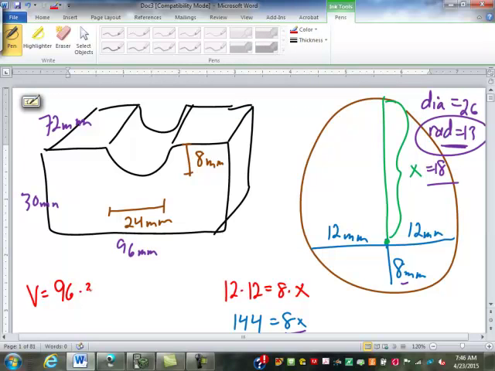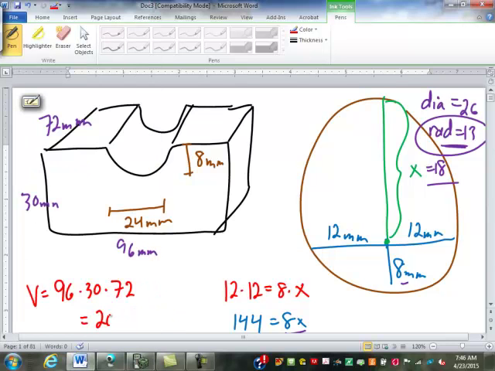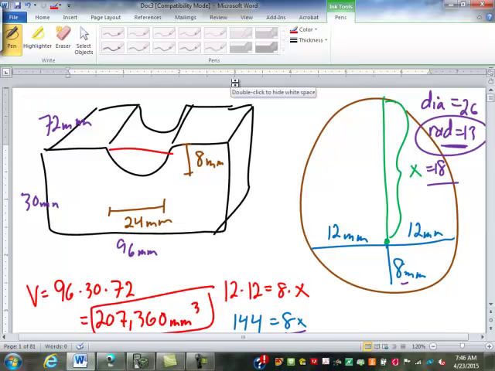So 96 times 30 times 72 is 207,360 millimeters cubed. But that includes this little arced groove that has been taken out. So we've got to find the volume of that arced groove. To find that, we've got to find the area of this segment of a circle.